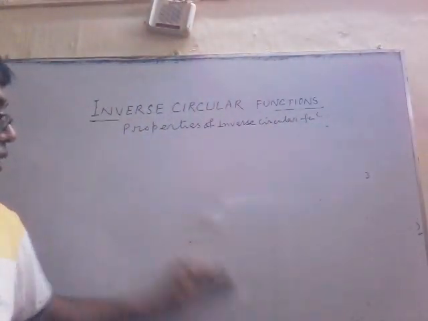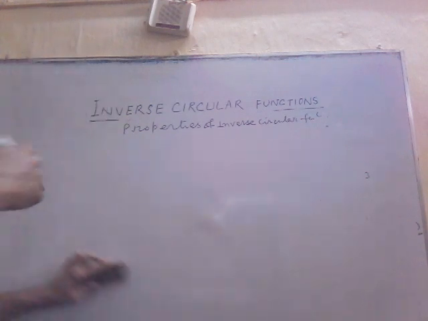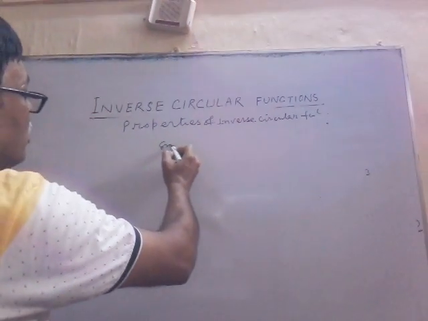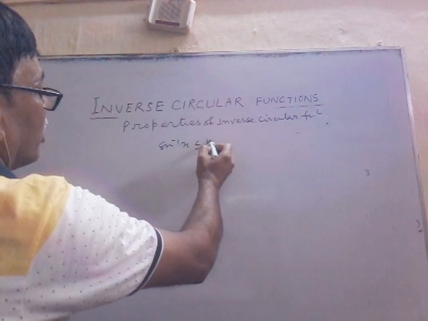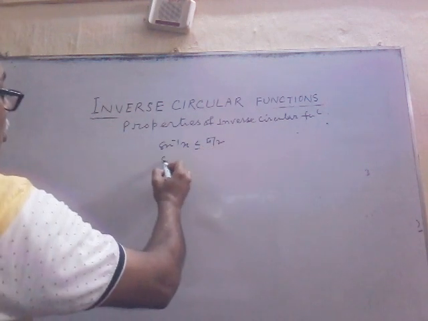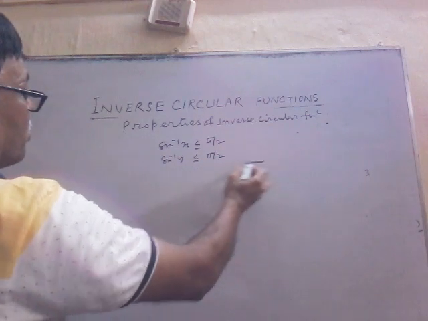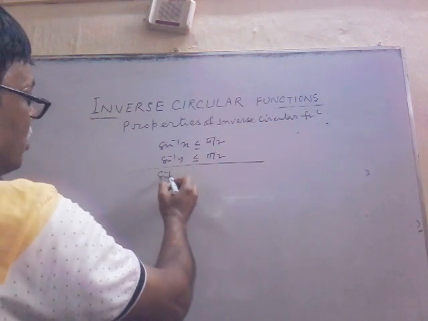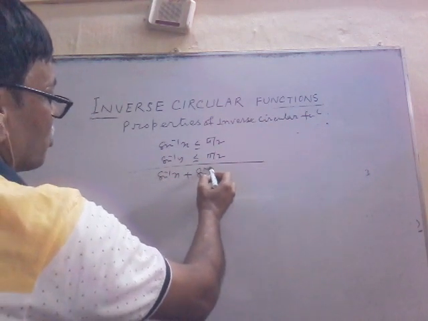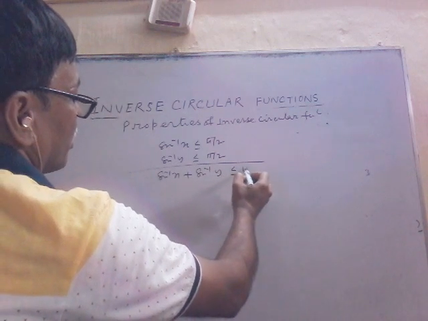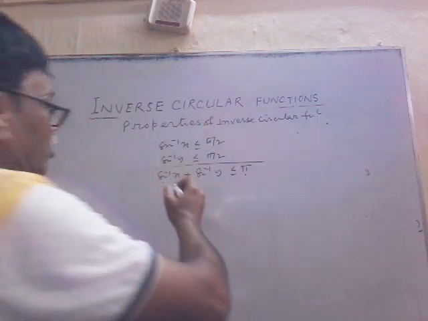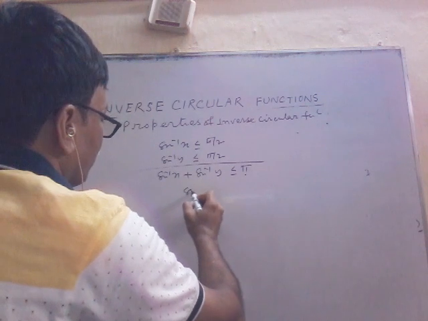You are not following the board. So look, we are again discussing it. Sine inverse x and sine inverse y are less than or equal to pi by 2. So sine inverse x plus sine inverse y is less than or equal to pi. But what is our given relation?